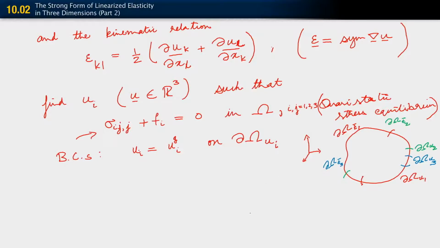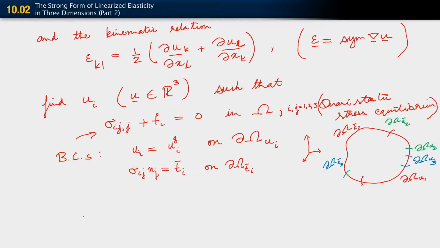Of course, each set of Dirichlet and Neumann boundaries are complements of each other. So where does the Neumann boundary condition come in? It says that sigma ij nj equals t bar i on partial omega t bar sub i.